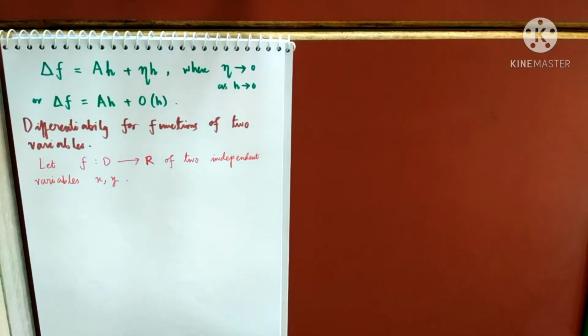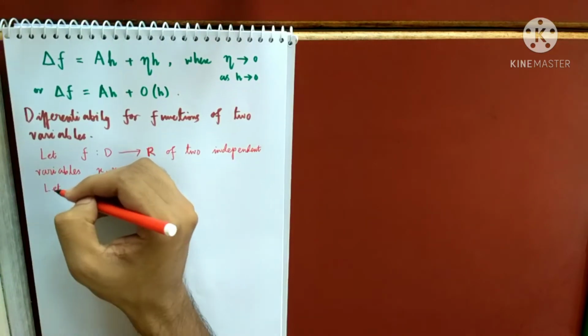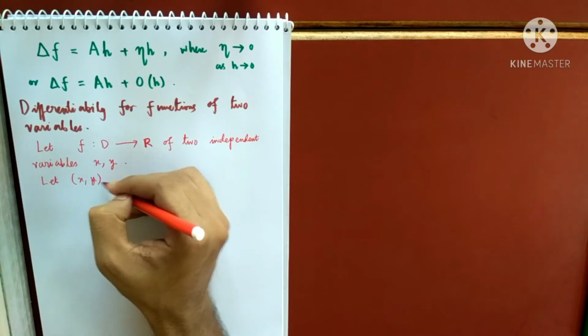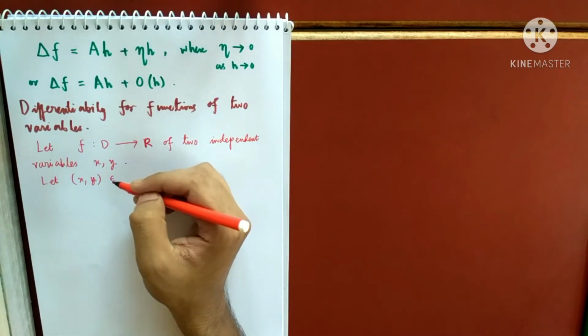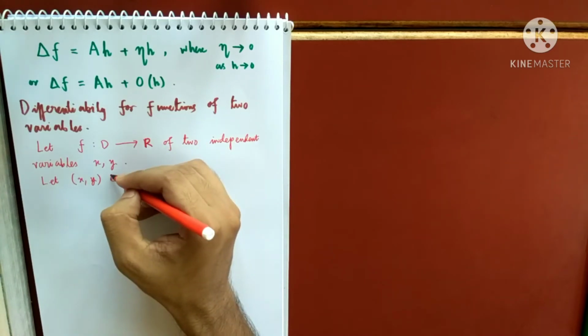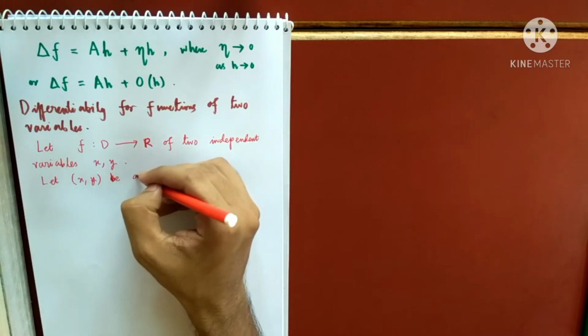Okay, and let us take some point. Instead of taking a comma b, you can also take x comma y. So let x comma y belong to the domain, and be an interior point.